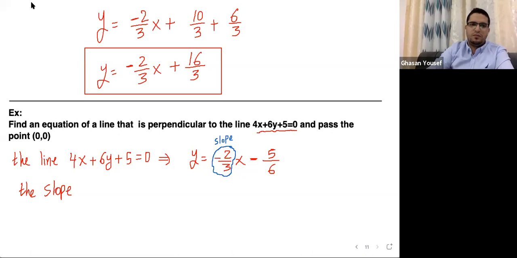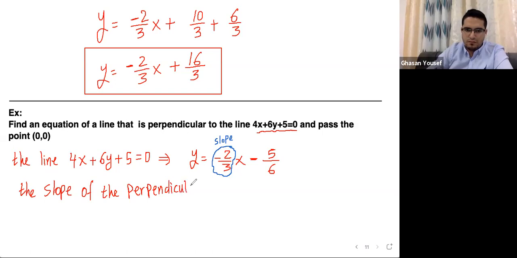The slope of the perpendicular line is this one, -2/3.